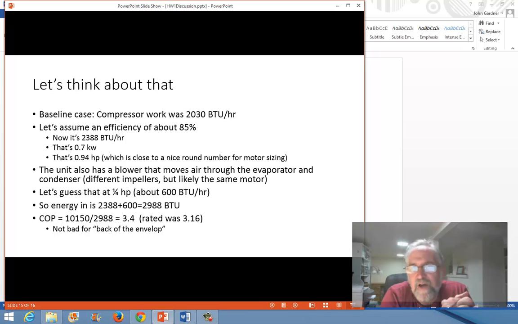You could go back and refine that and say, okay, well, maybe that means the efficiency should be this or something like that. But to me, since I really don't know what the test conditions were that the ratings were set to, and there's probably some ISO standard somewhere we could look that up, I think that's good enough for today. I think that was good back of the envelope thinking, I think we did a pretty good job there.